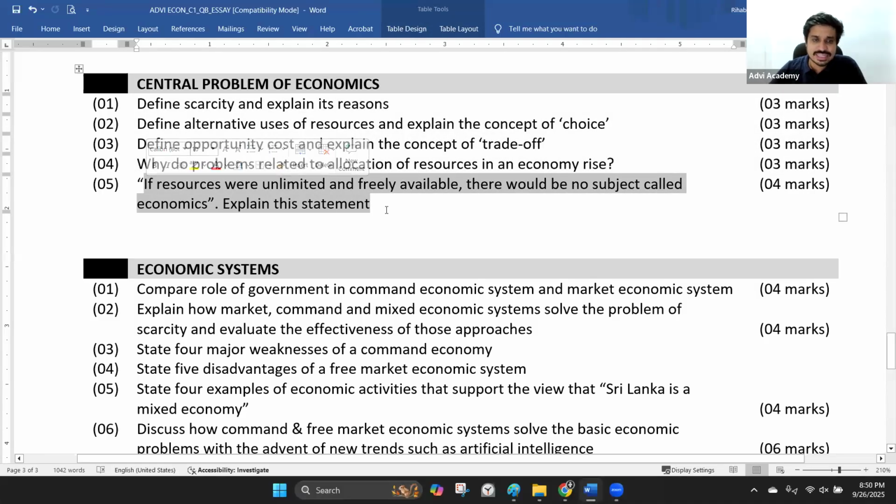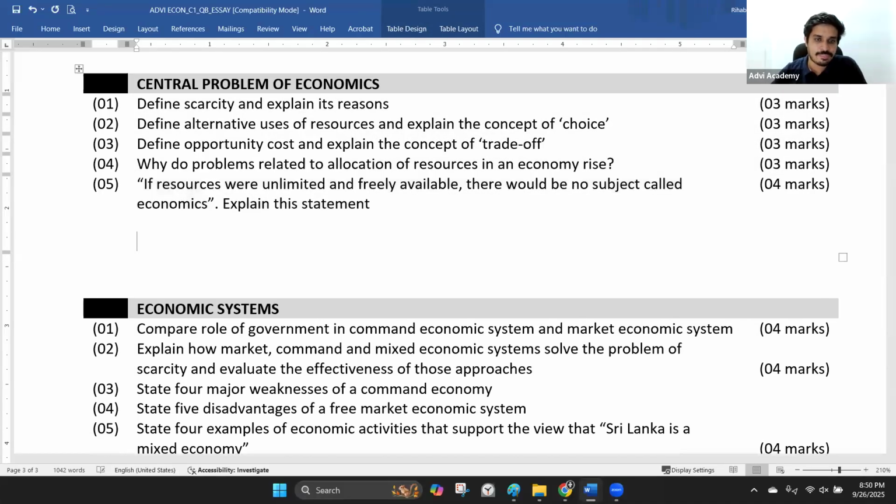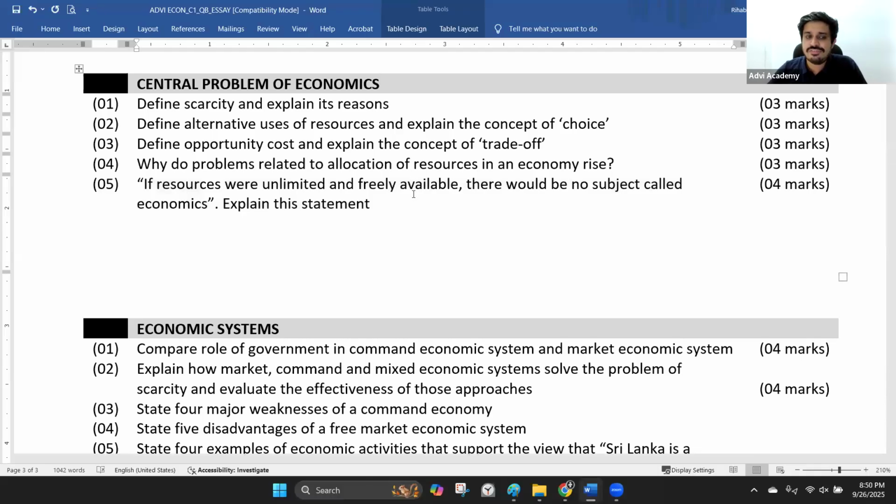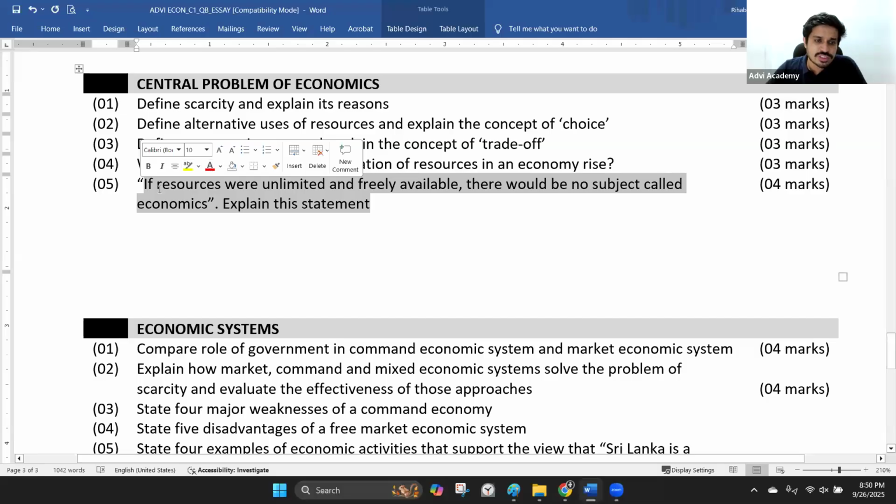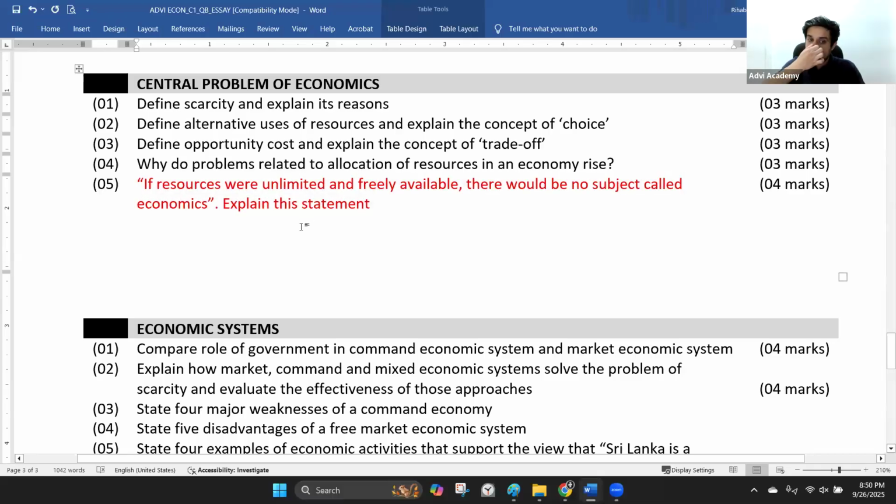But what if a question like this comes? If resources were unlimited and freely available, there would be no subject called economics. Explain this statement. Do you agree? You have to start off with a definition for economics.